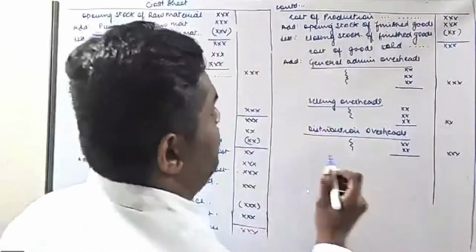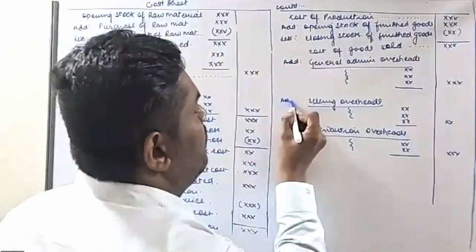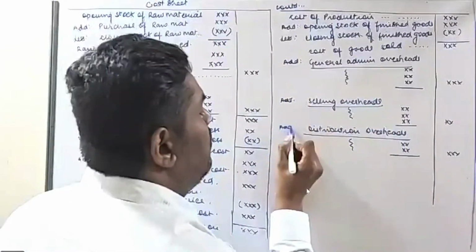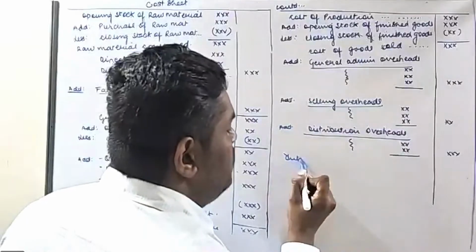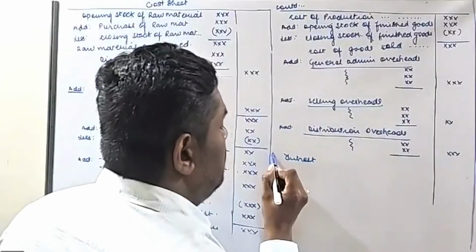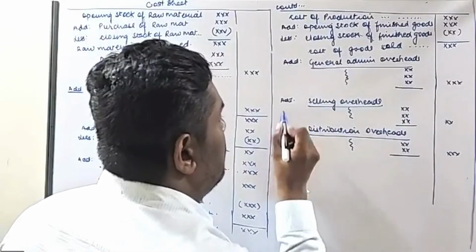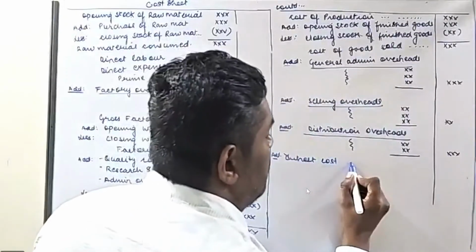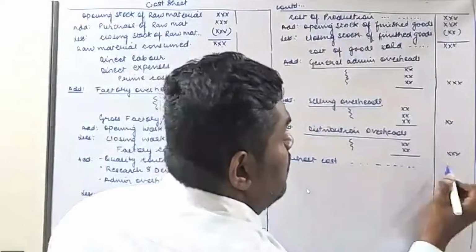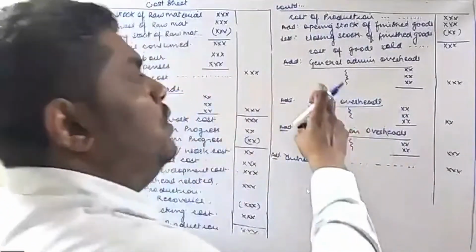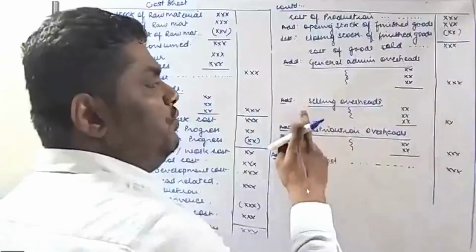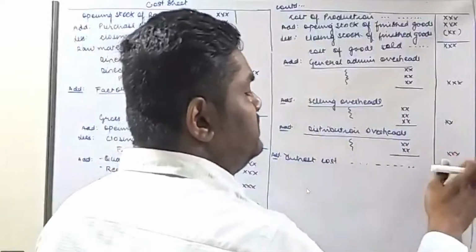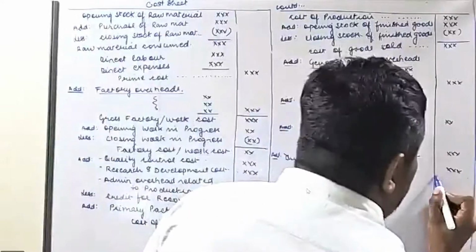Further, we will add one more item, that is interest cost. So all the general administration overhead, all the selling overhead, all the distribution overhead, and the interest cost.